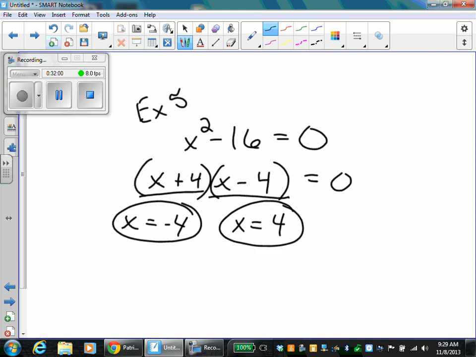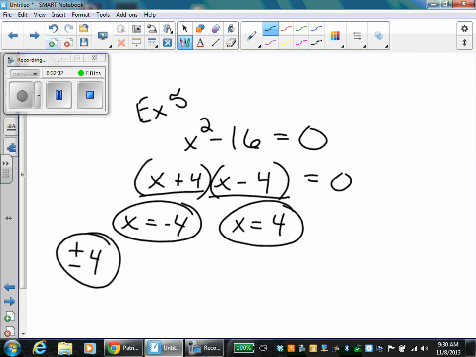Can anybody tell me another way to write this answer that you may see on a test or on an SOL? You can do squigglies, brackets, sets. Okay, anybody know another way? Sometimes you see something like this. Okay, and this means plus or minus 4, positive or negative 4. If it's the same number and one's positive, one's negative, sometimes you might see that.